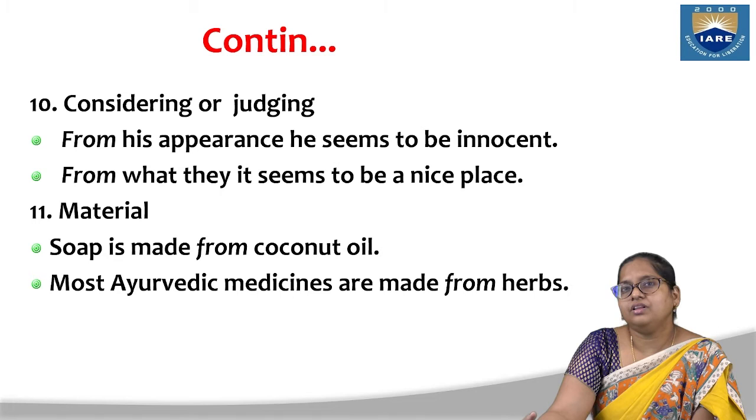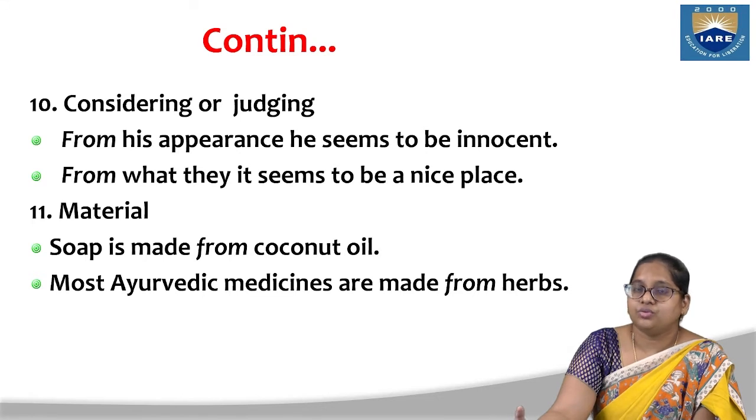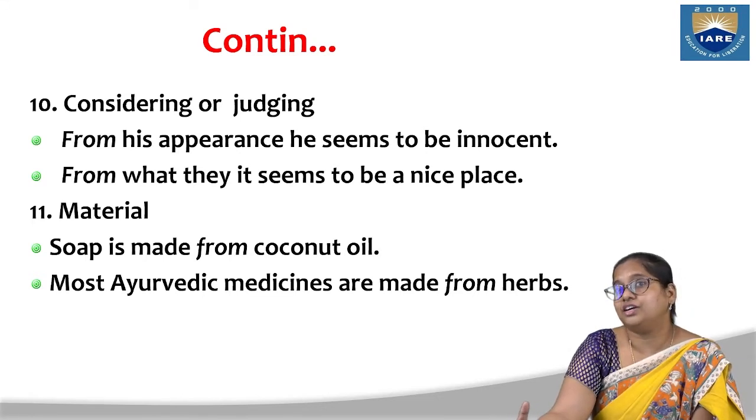For example, you can say, from his appearance, he seems to be innocent. So you are kind of judging that person. From what they see, it seems to be a nice place.